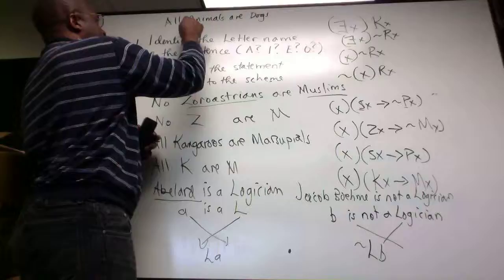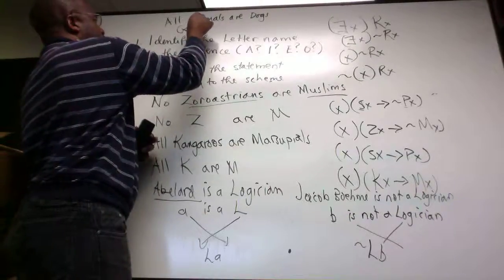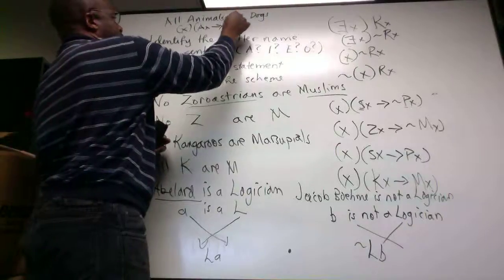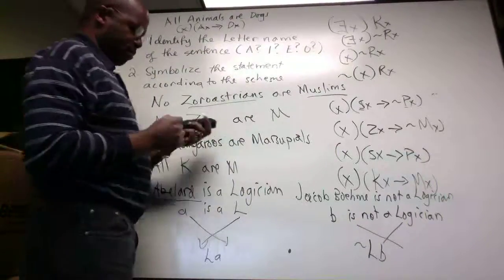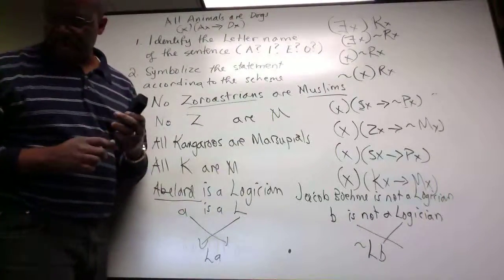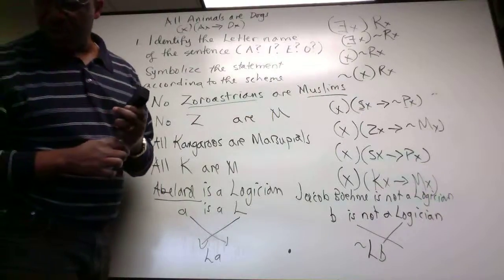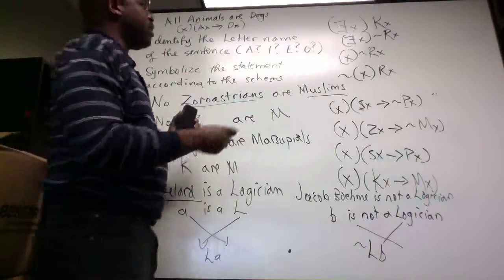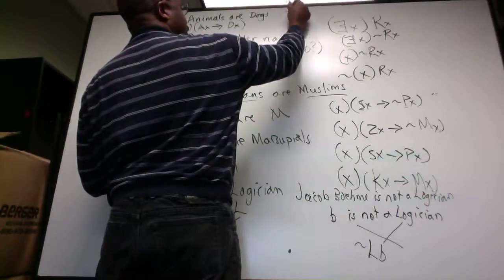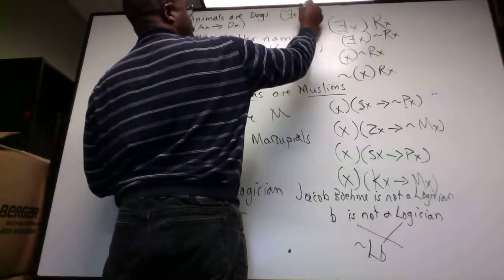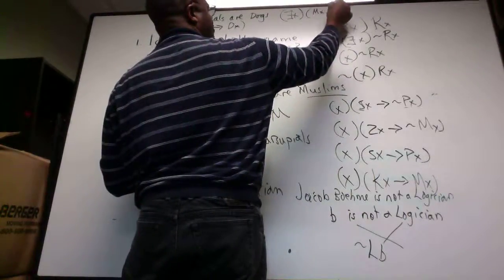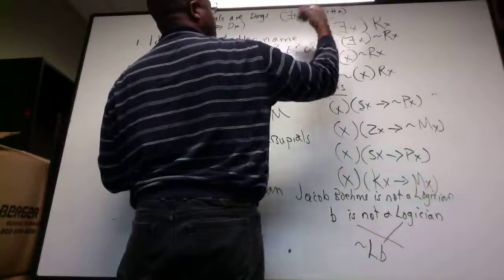That's an A statement, so for all x, if x is an animal, then x is a dog. And the first one, at least one mortal is human. It's like saying some mortals are humans. So you have, there's an x such that x is mortal and x is human.